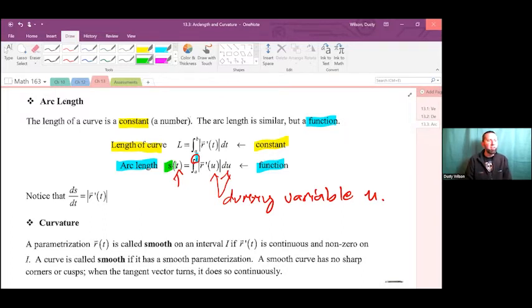Notice here that ds/dt equals the absolute value of r prime of t. That is, if you take the derivative of an integral, you get back the integrand, the thing inside the integral.